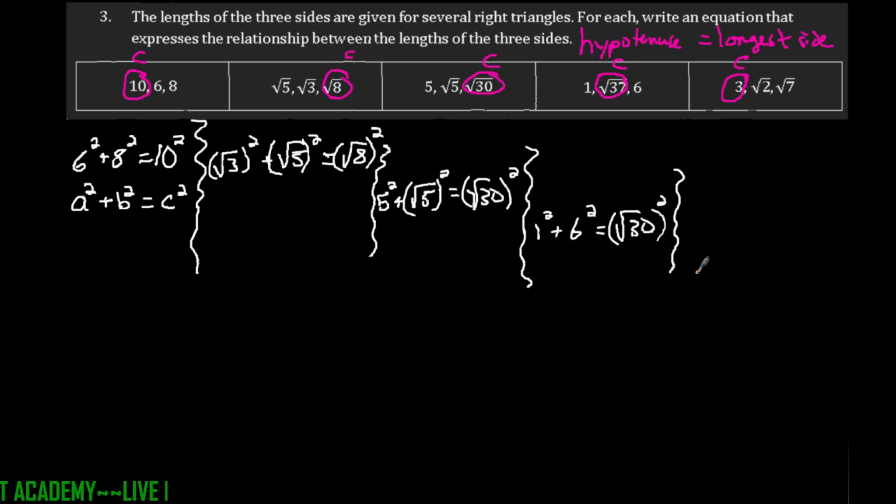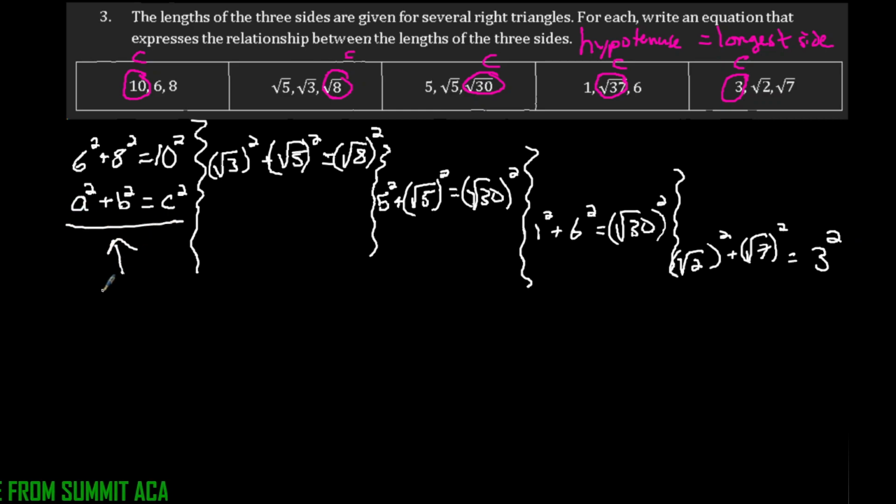And lastly, but certainly not leastly, we've got square root of 2 squared plus square root of 7 squared is going to be equal to 3 squared. Each of these we can check to make sure it works, but it should always go back to our general formula for the Pythagorean theorem.